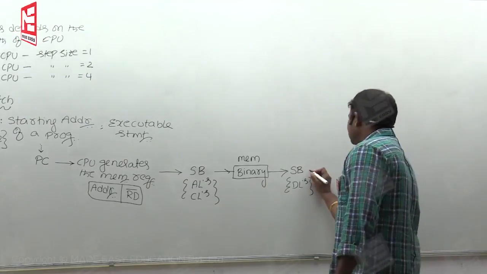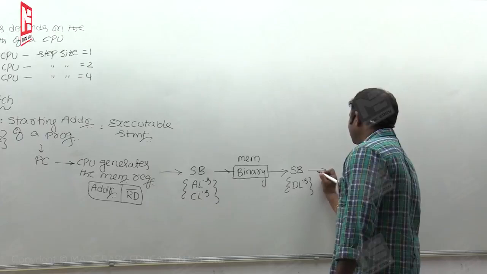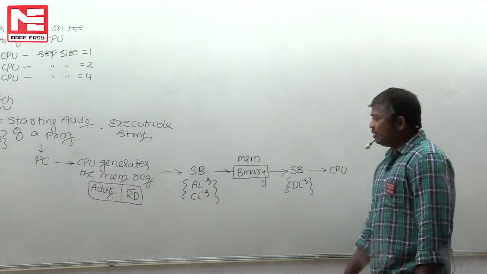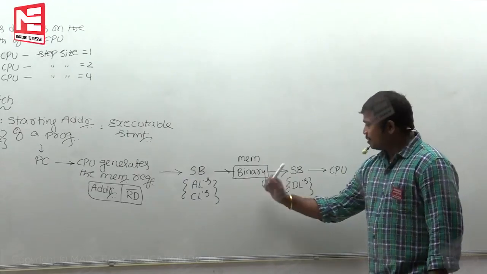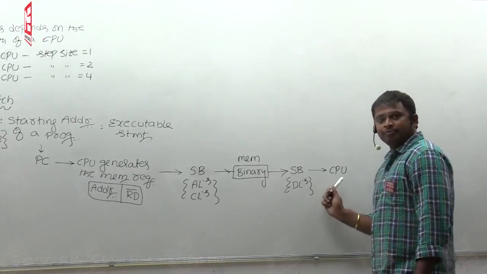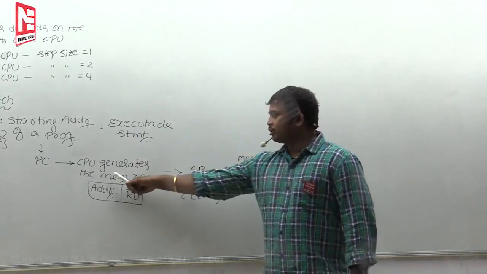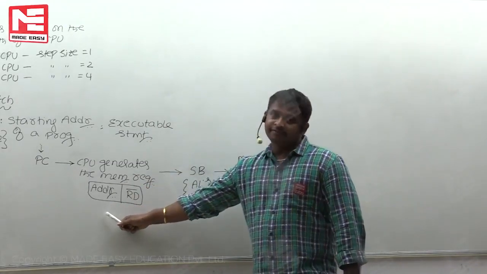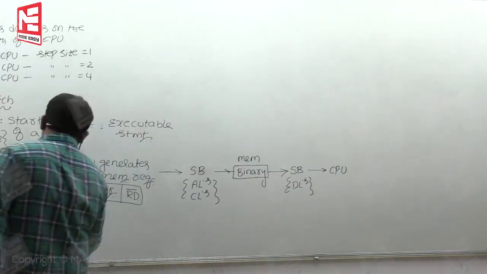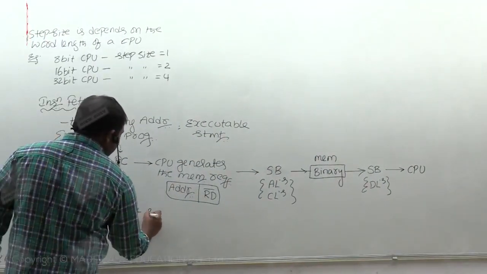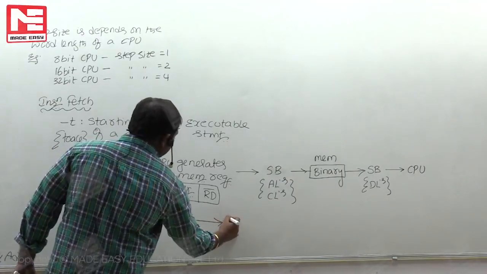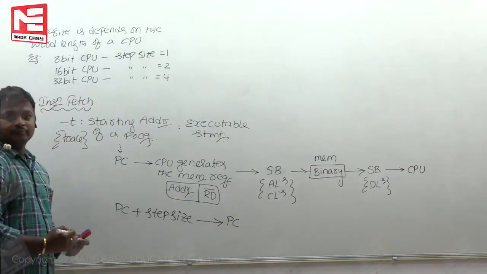So, the data lines information is transferred to the CPU. That means copy the binary code from memory to CPU based on the program counter address. That is called the instruction fetch. So, at the end of instruction fetch, the program counter is incremented by the step size. After that, the incremented value is loaded into the PC.